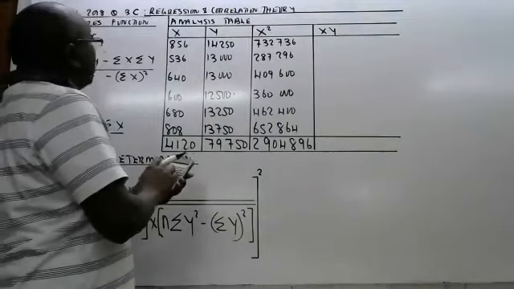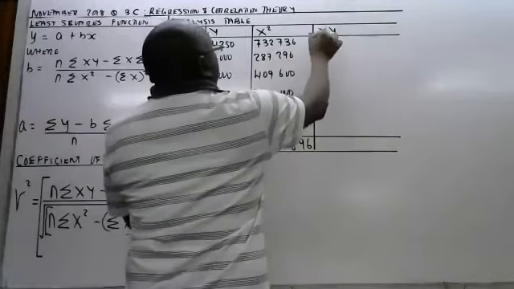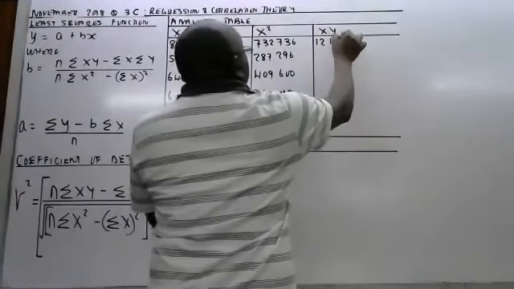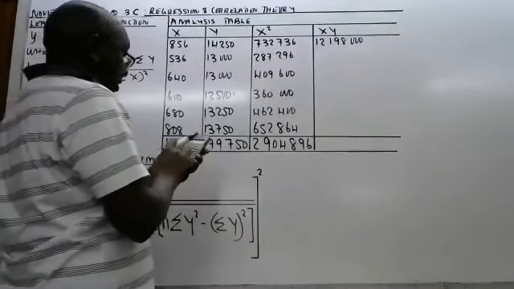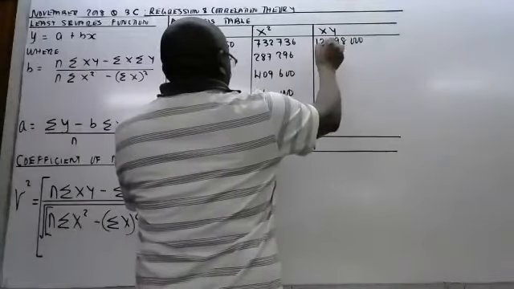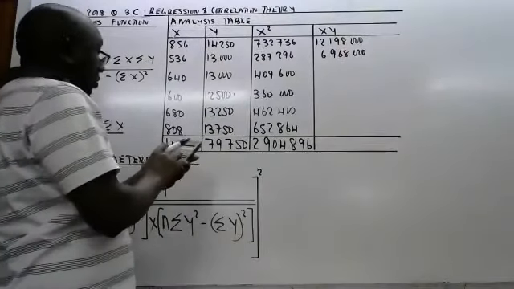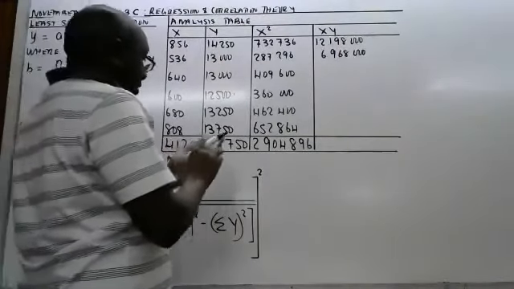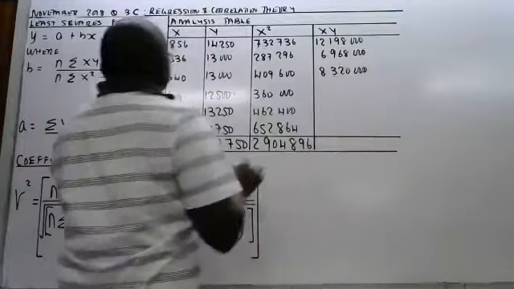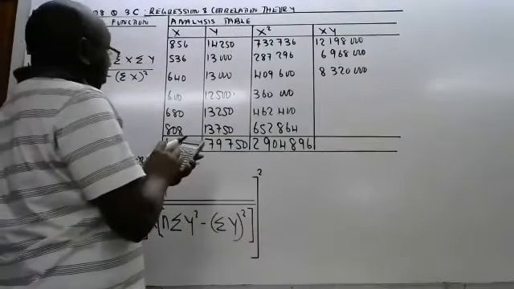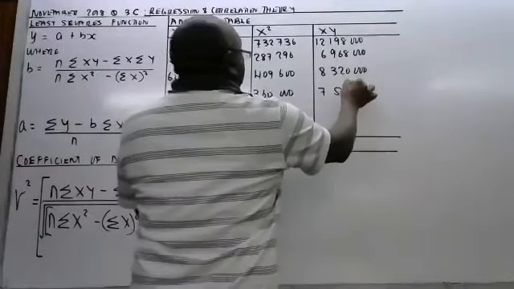So 856 times 14,250 is 12,198,000. 536 times 13,000 is 6,968,000. 640 times 13,000 is 8,320,000. 600 times 12,500 is 7,500,000.